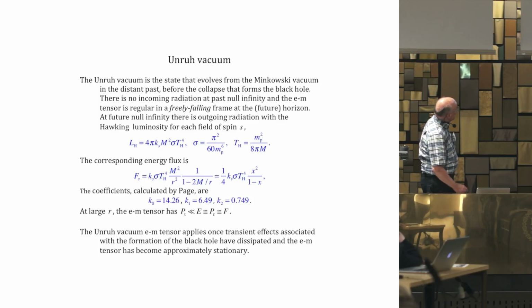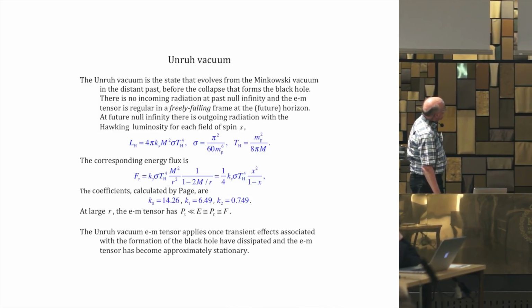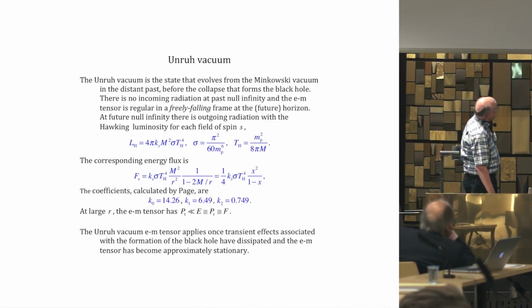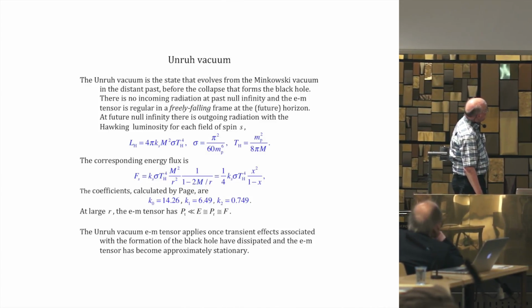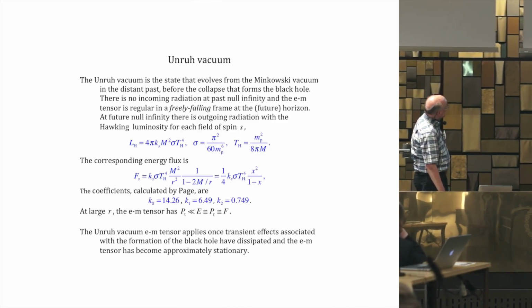Now, the Unruh vacuum is the state which corresponds to the Minkowski vacuum in the distant past before the black hole formed. We just extrapolate that on, and there's no incoming radiation at past null infinity, and we assume that it's a regular, freely falling frame at the future horizon.